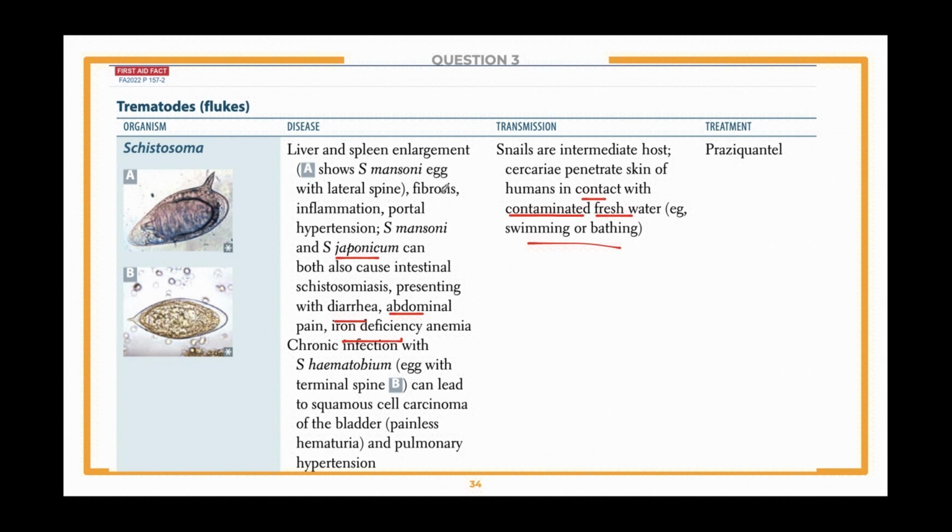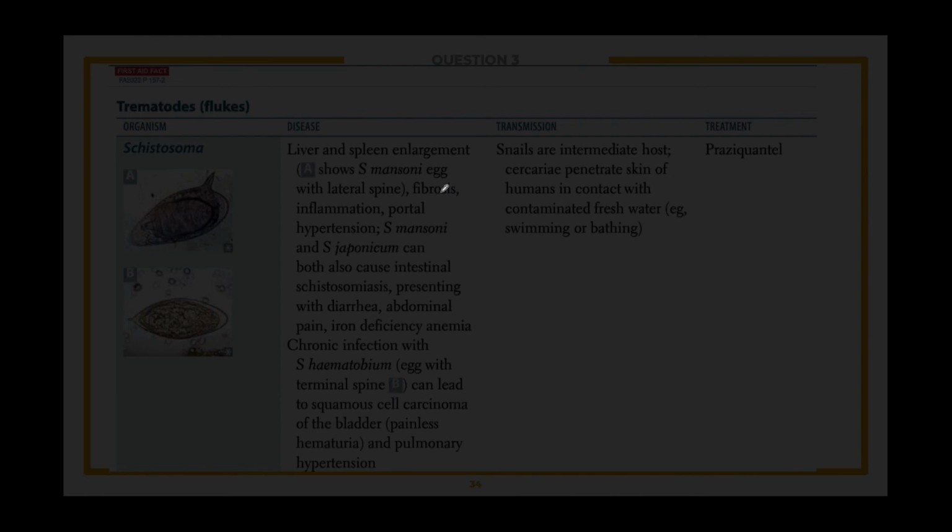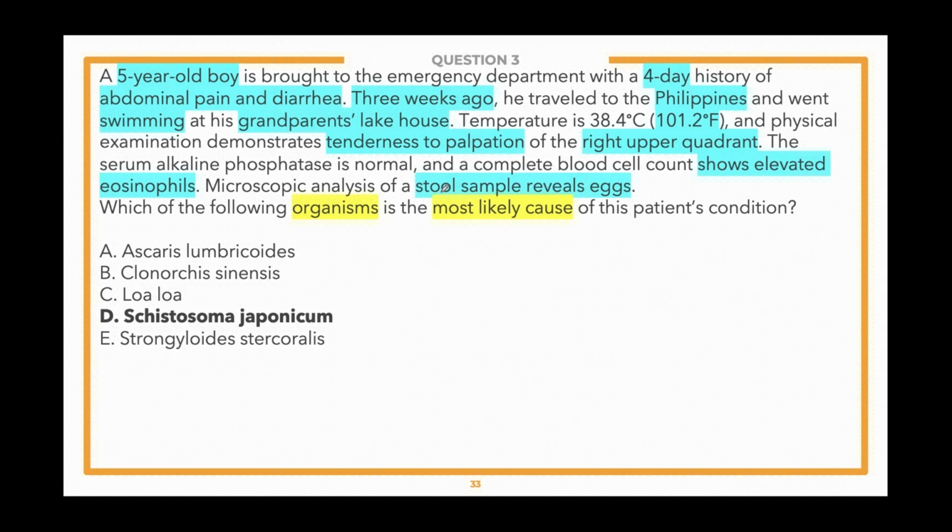Now, if we take a look at the other answer choices, you might also need a little bit of help in ruling some of them out. Answer choice E usually causes more pulmonary symptoms along with GI symptoms. Loa loa causes more swelling of the face and extremities, so more of an edematous swelling condition.